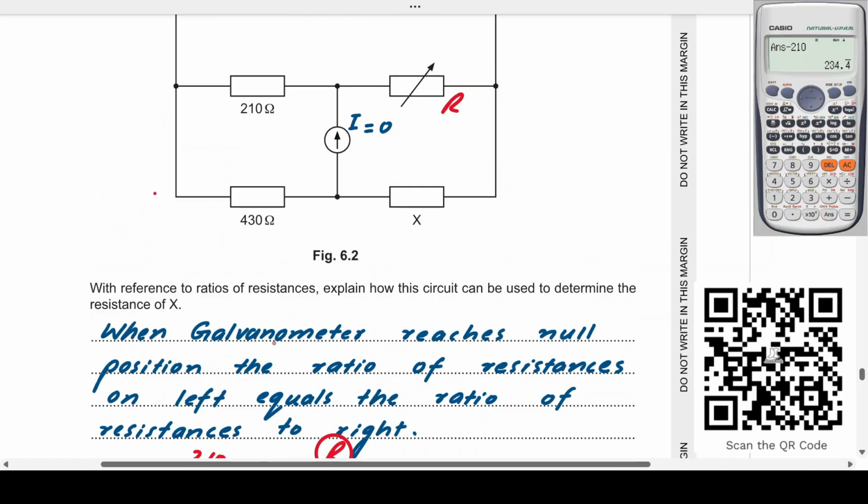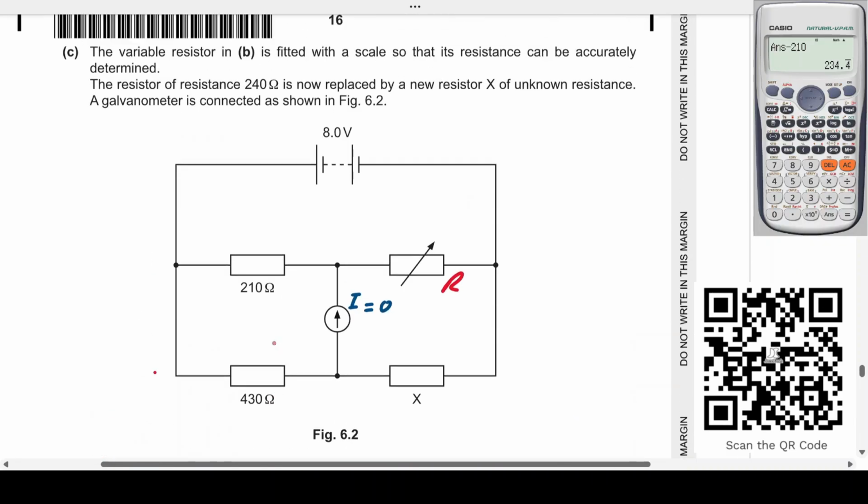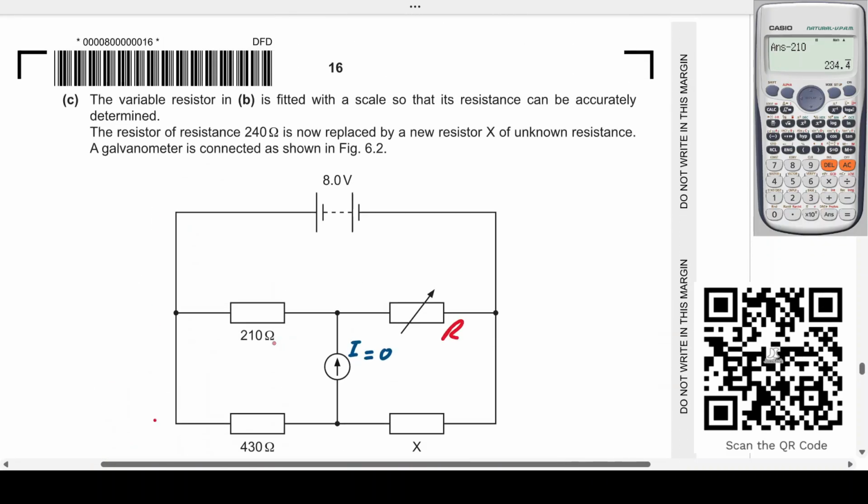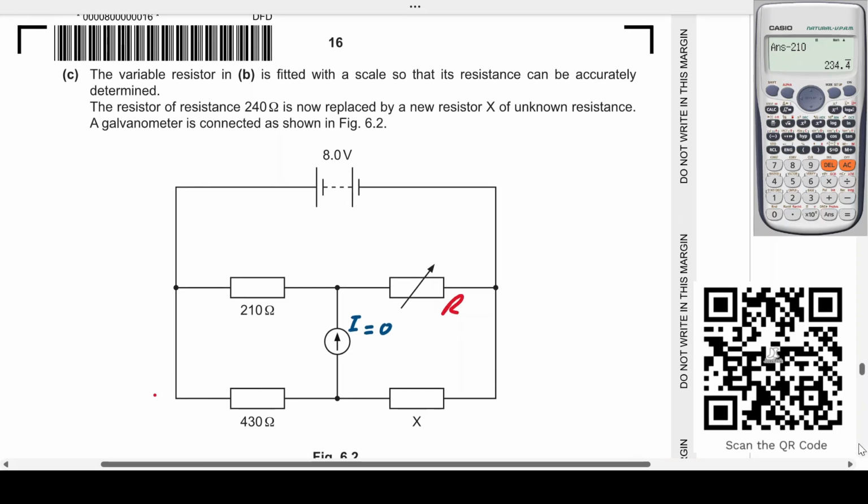And why is that so? There are two different approaches if you want to get into the principles behind this statement. At null condition, the potential difference at point A and at point B will be equal to 0.